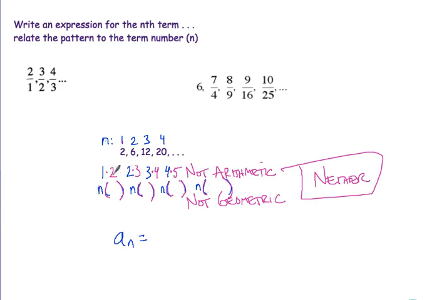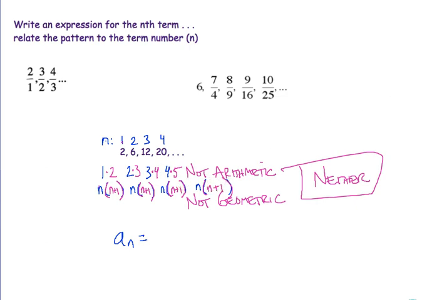Well, it seems like this pink number is always 1 bigger than the blue number. 1 bigger than 2, 1 bigger than 3, 1 bigger than 4. Well, if I know this front number is n, how do I get 1 bigger? Well, I would just do n plus 1. So if I know n is 2, I would do n plus 1 to get a 3. If n is 3, n plus 1 would be a 4, and so on.